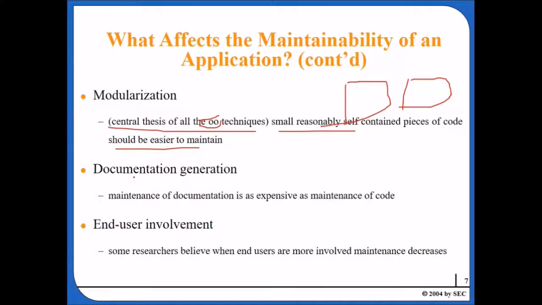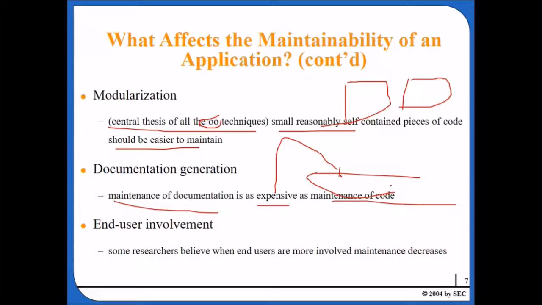And documentation generation. Maintenance of documentation is expensive, in comparison to the maintenance of code. What I'm trying to say is that the maintenance of documentation is as expensive as the maintenance of code. So if you document properly, your maintenance of code will be far less and less expensive.